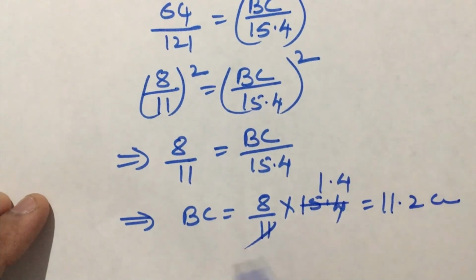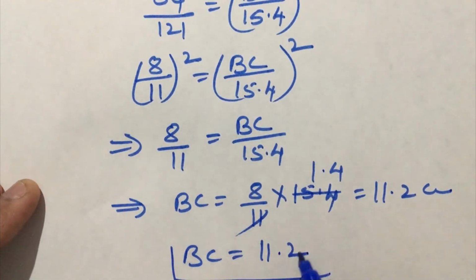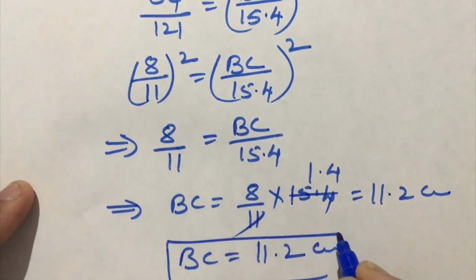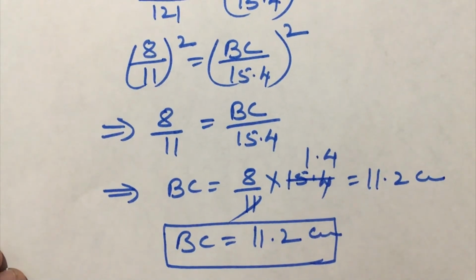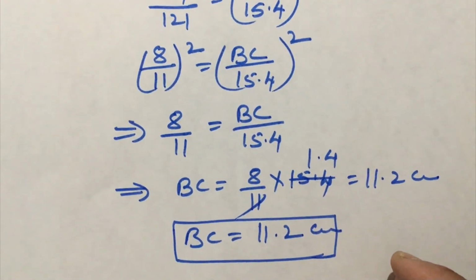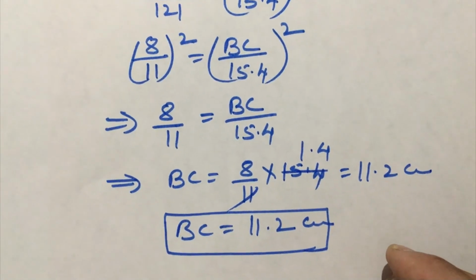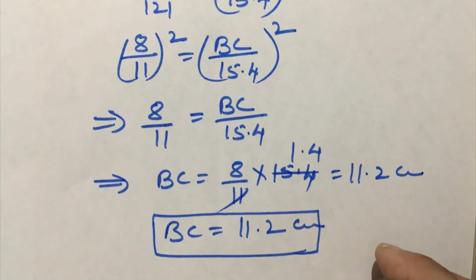This is nothing but 11.2 centimeters. See here, whenever the areas are given, you can find the ratio of sides, or the unknown sides also. For example, sometimes they will give that if the ratio of the sides of two similar triangles is 3:4, what can be the ratio of their areas?